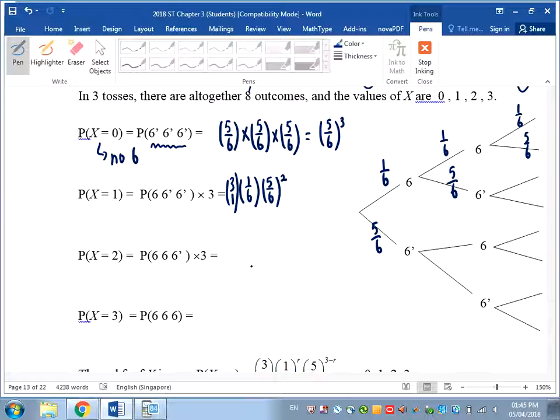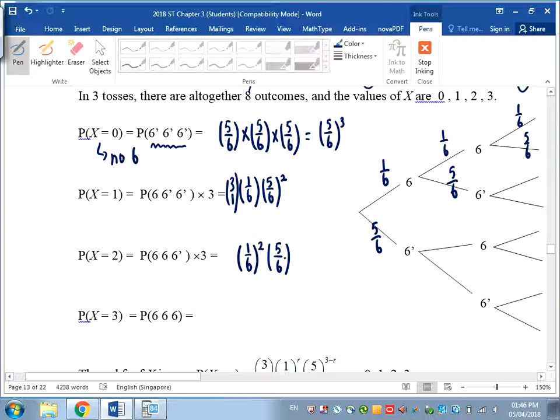Now I do the same thing for x equals 2. If x equals 2, it means that I need to have exactly 2 sixes, and one of them must be not a 6. So if I find it in this particular order, first throw is a 6, second throw is also a 6, so I can put a square here. Third throw is not a 6, therefore it will be 5 out of 6.